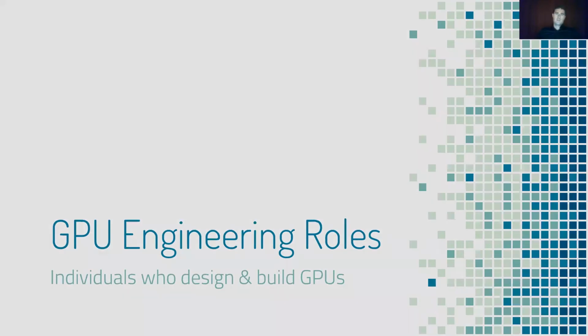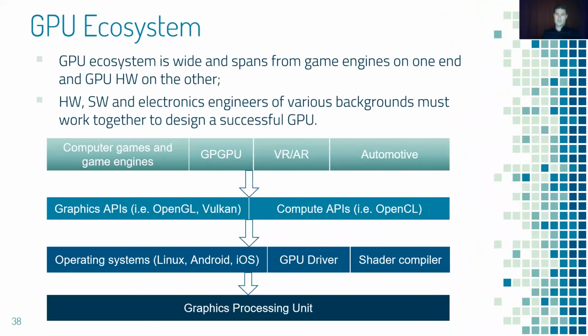So the GPU ecosystem is very wide and spans everything from games and game engines on one end to GPU hardware on the other end. Because of its size, I can imagine that many types of engineers are needed to design a good, successful GPU.